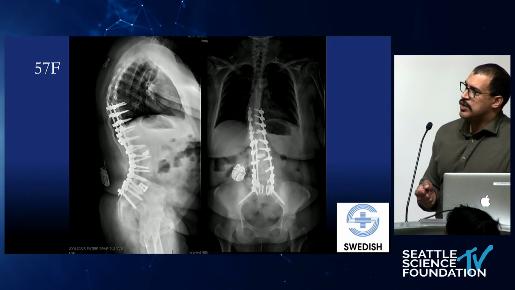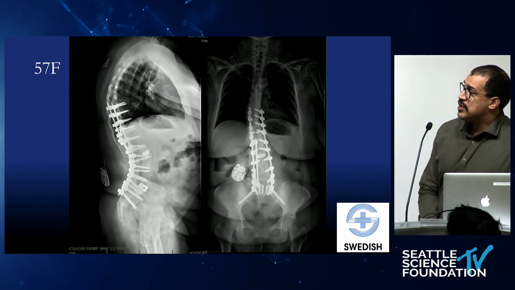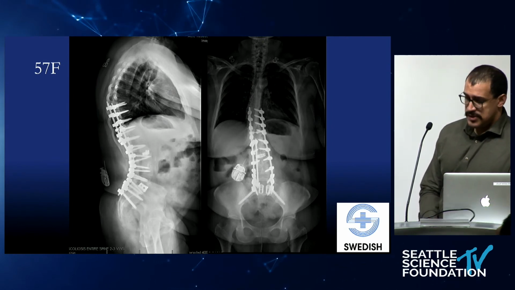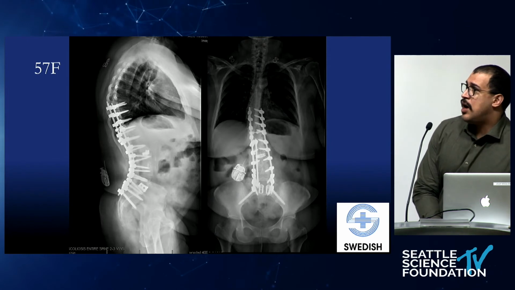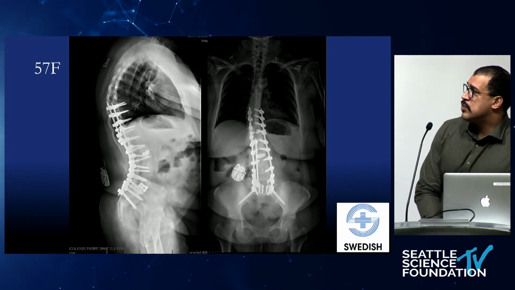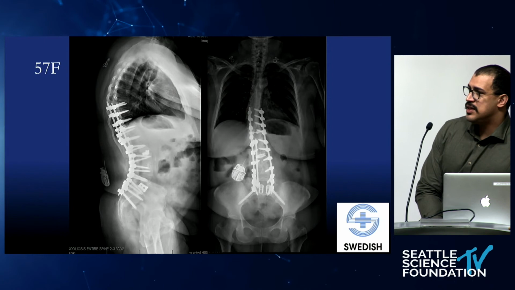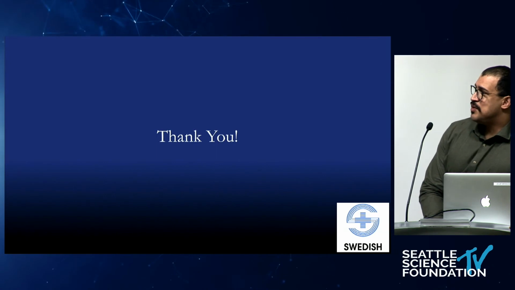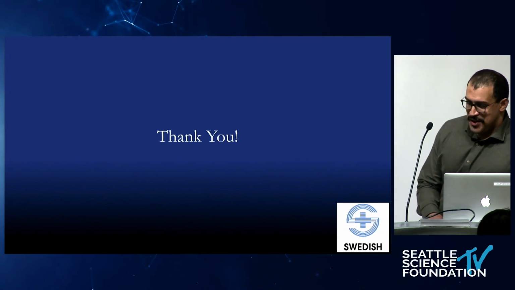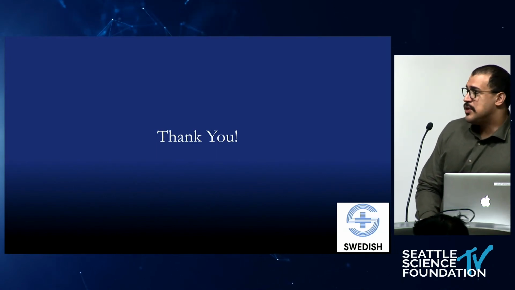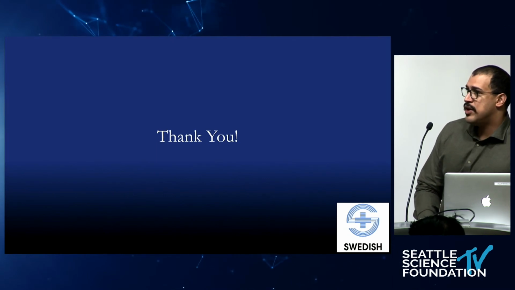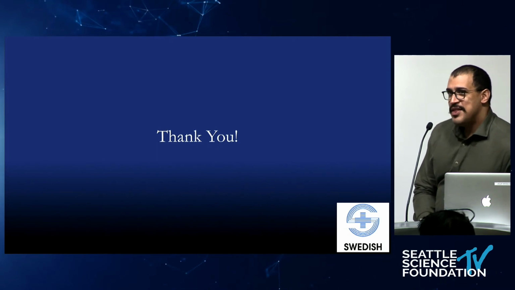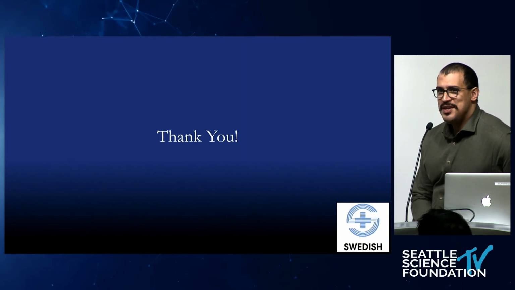You don't want to be overly aggressive with the shaver. Make sure that you're doing it on the correct patients, because osteoporotic patients and really ankylosed spine are going to lead to a very challenging case, so definitely don't start with those. And then just make sure that you are using the right indications, and it really is a great technique that I've found has been very, very helpful for my patients. So thank you all, and any questions, I'd love to answer them.